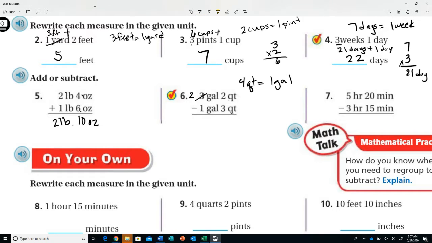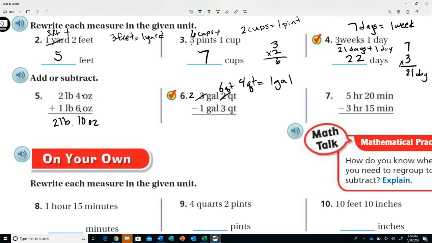And because I'm going to take a gallon and basically pour it into quart-sized containers, I can give this 2 quarts 4 quarts. So it's going to become the 2 quarts I have plus the 4 quarts I'm giving it, which is going to be 6 quarts. So now instead of saying I have 3 gallons and 2 quarts, I'm going to say I have 2 gallons and 6 quarts, which is the same amount of liquid, just shown differently.